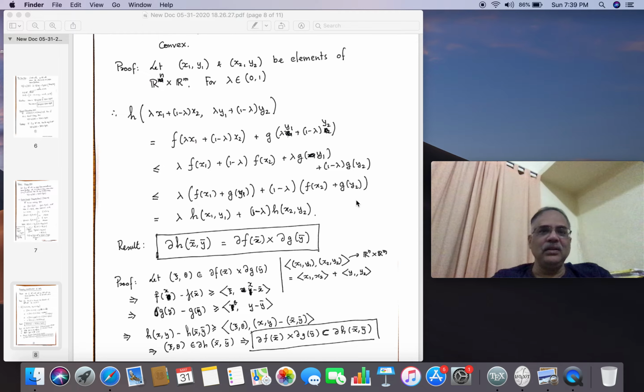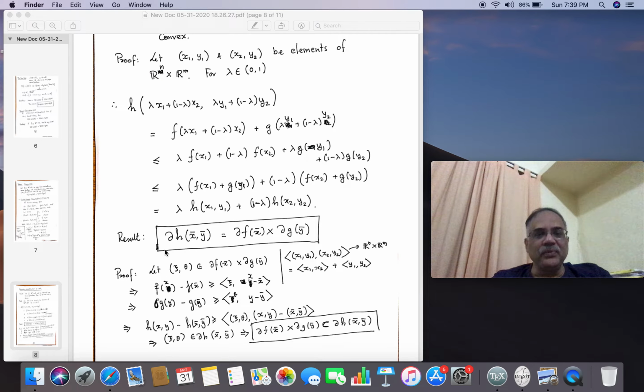The second result is that the subdifferential of the convex function h at (x bar, y bar) is the Cartesian product of the subdifferential of f at x bar and the subdifferential of g at y bar. You take the Cartesian product. The proof again is not difficult.